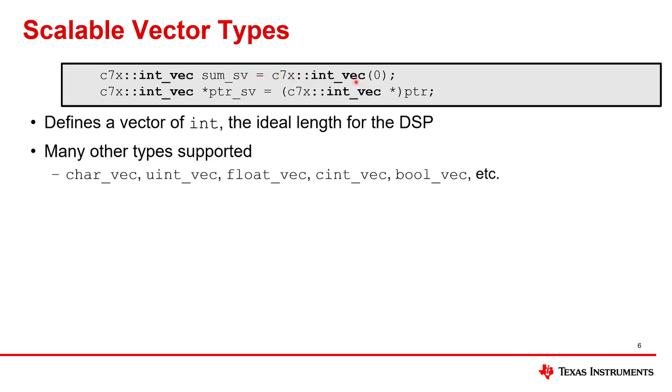And this is what it looks like to initialize all the integers in it to 0. The second line creates a pointer to a scalable vector and initializes it to the argument that was passed to the function. PTR is the name of that argument. We cast it, assign it. In addition to the type int_vec, many other types are supported, and here are some examples: char_vec, uint_vec, and so on.